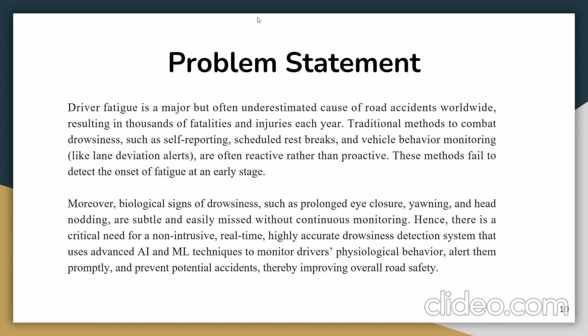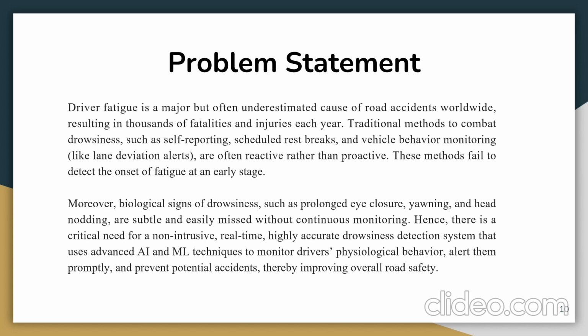Input part: we capture live video frames using the camera. These frames are analyzed to detect the driver's face and facial landmarks, including eyes and mouth. Pre-processing and processing part: first we examine the eye aspect ratio, EAR, and mouth aspect ratio, MAR, using landmark detection.